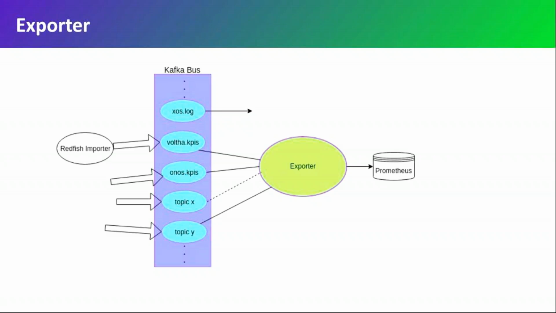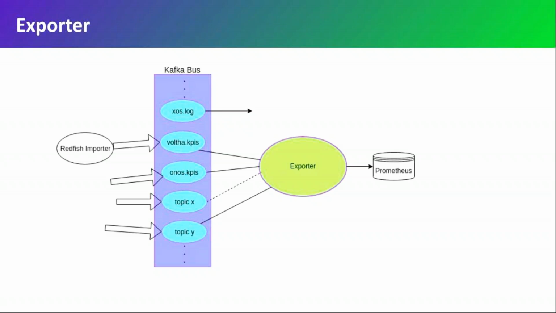And then to proceed to add something more, for example, if I want to add another topic for hardware information or SFP related information, which is pushed from the importer, we have to enhance this exporter to support the additional topics.